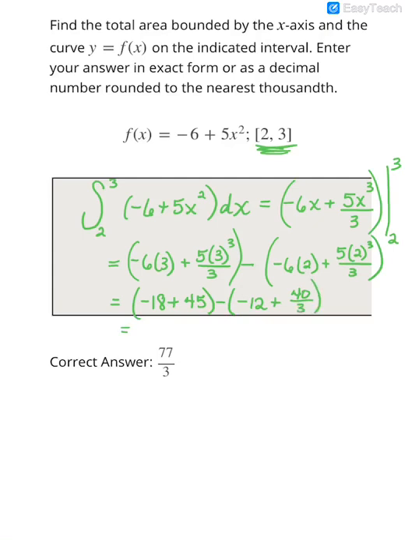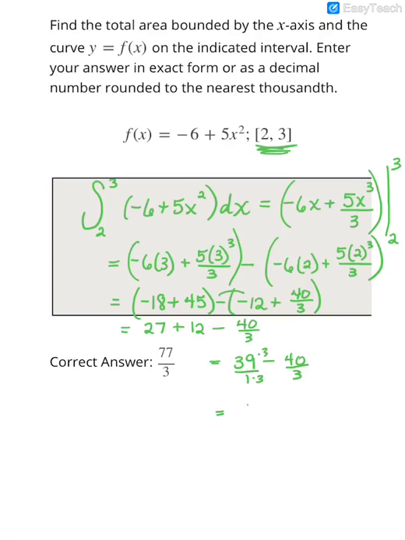So if we continue simplifying, -18 plus 45 will leave us with 27. And then as I distribute this negative, that becomes plus 12, and then a minus 40 over 3. So 27 plus 12 is 39. And in order to combine these, we need a common denominator. So we're going to multiply by 3 on top and 3 on bottom.